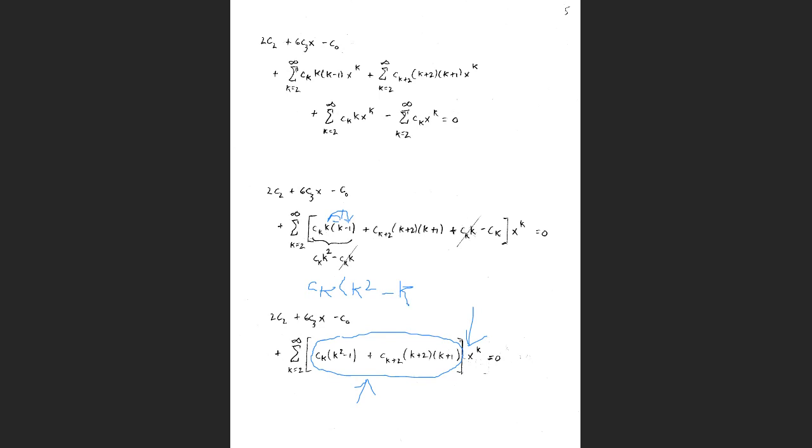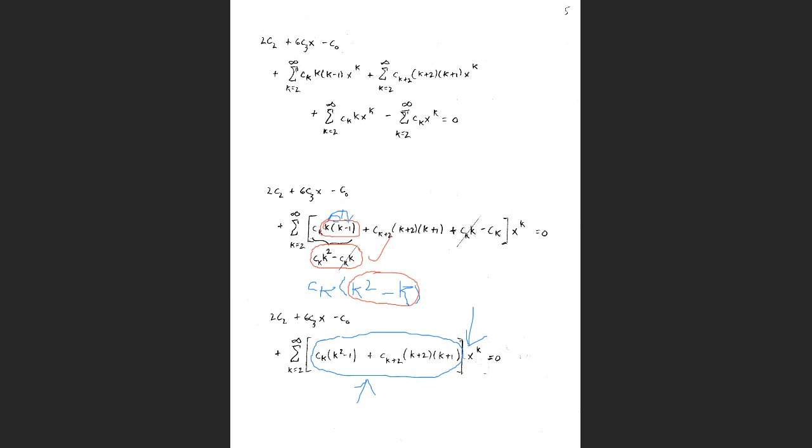If you take k and multiply it by k minus 1, you get k squared minus k. Well, c_k times k squared minus k is just c sub k times k squared minus c sub k times k. That's how I got that part there.